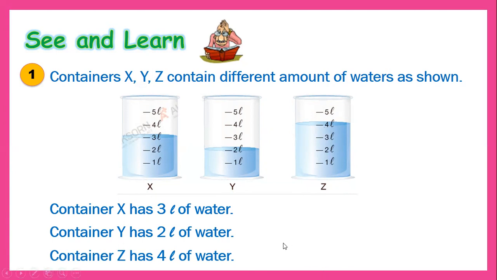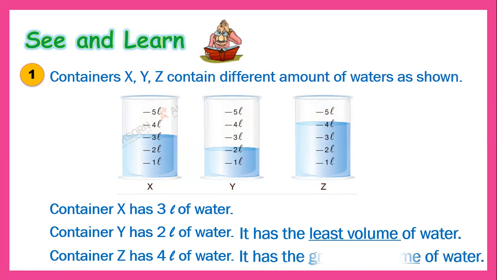We can tell that container Y has the least volume of water, and container Z has the greatest volume of water. Is volume understood? All right, now let's proceed with capacity.